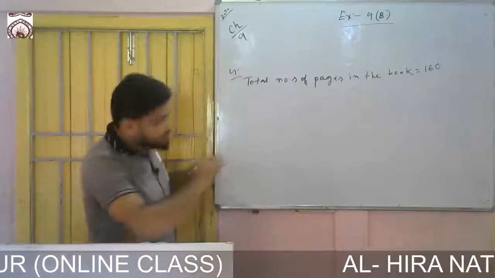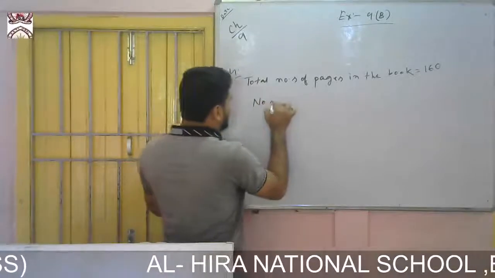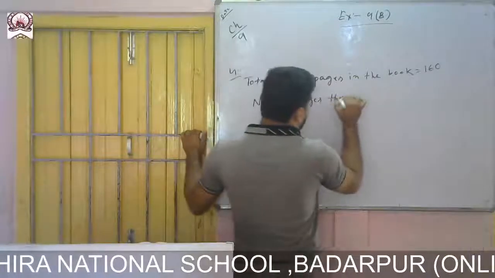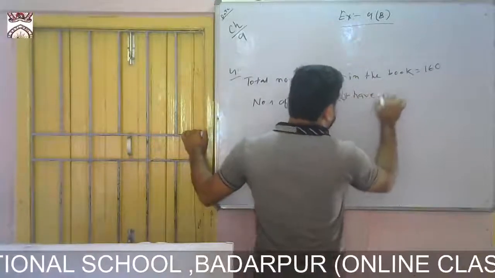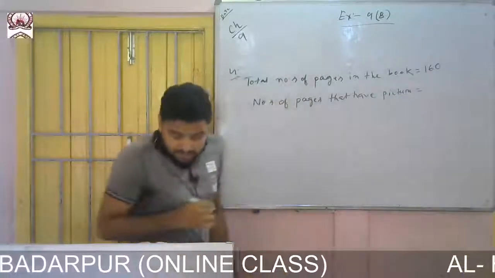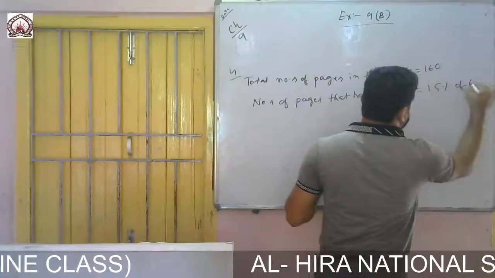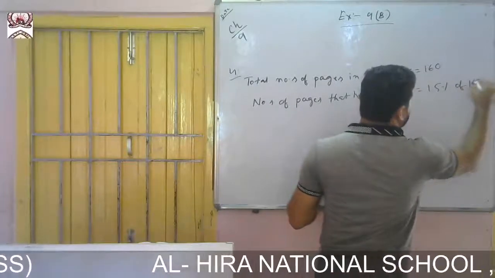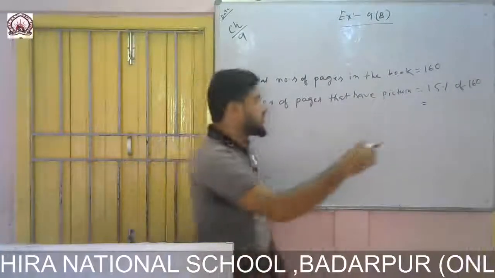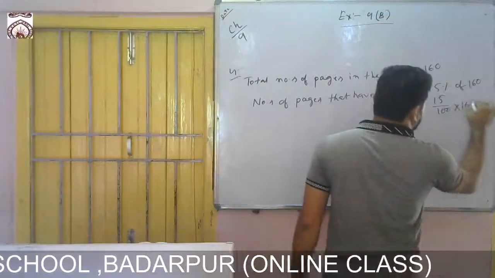So write the number of pages that have pictures. 15% of the pages means 15% of the total pages. So total pages is 160. So 15 by 100 into 160.